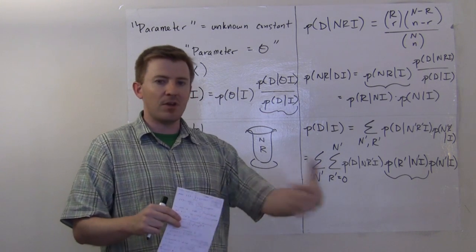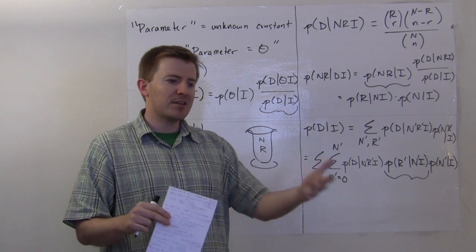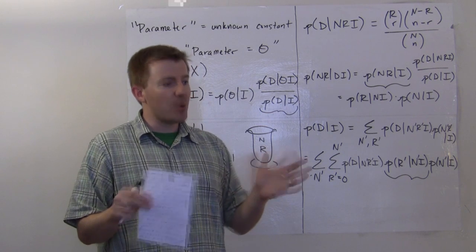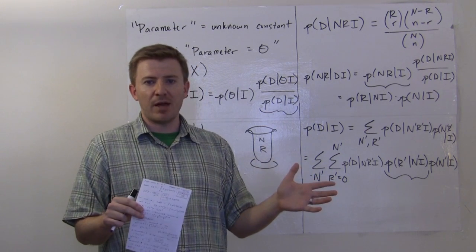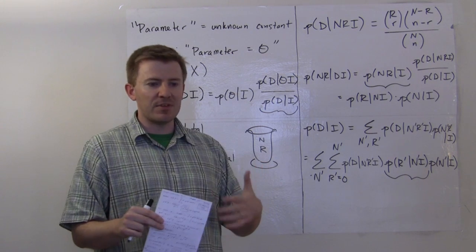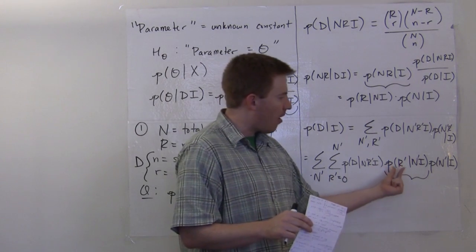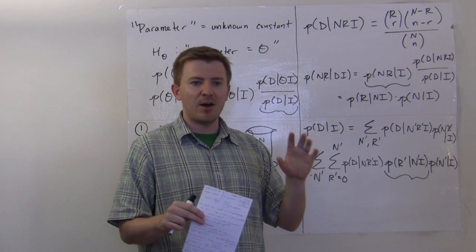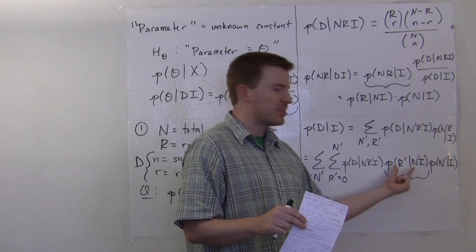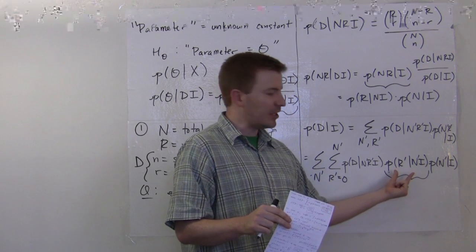Maybe someone gives you the urn and says, I'm not going to tell you how many balls are in it, nor how many of them are red, but I'll tell you at most 5% of them are red. So somewhere between 0 and 5% of n is the number red. That would be saying r is less than 0.05 times n, as a restriction on the prior probabilities.